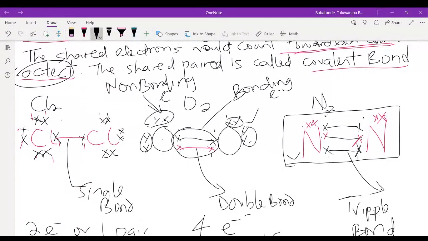We have six bonding electrons. All the electrons here are bonding electrons. So 6 bonding electrons, and a total of 4 non-bonding electrons. These and these are non-bonding, so they have total of 4.